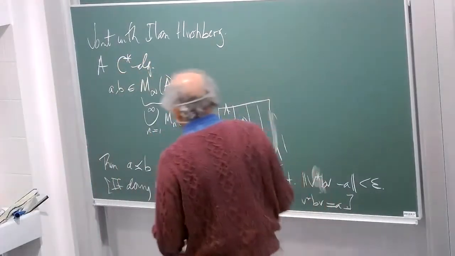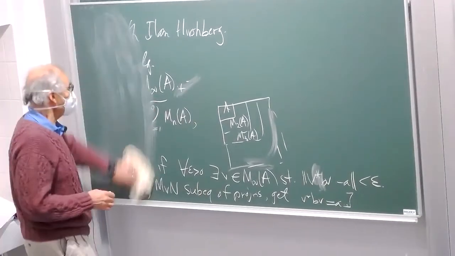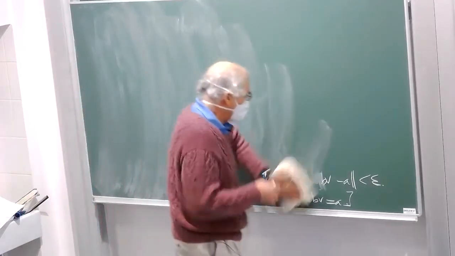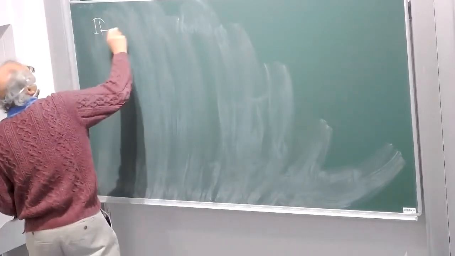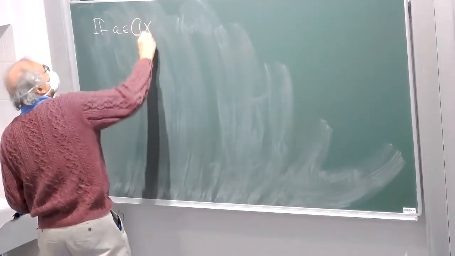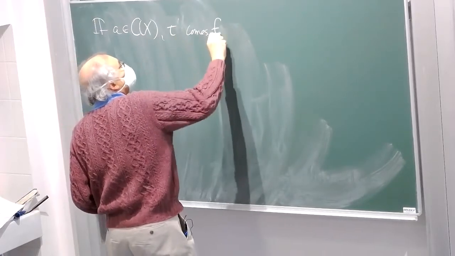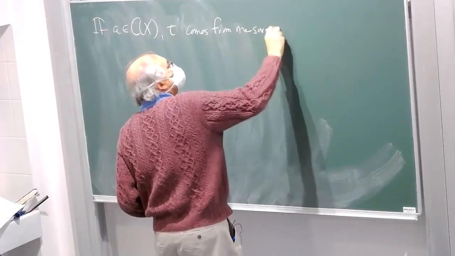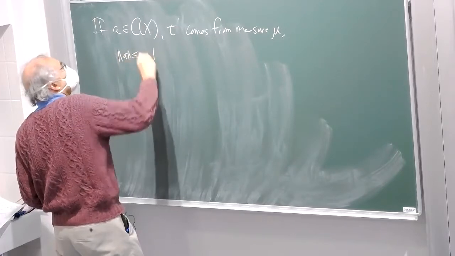And on C(X), if a is in C(X), tau comes from a measure mu. Let's say the norm of a is less than or equal to 1.